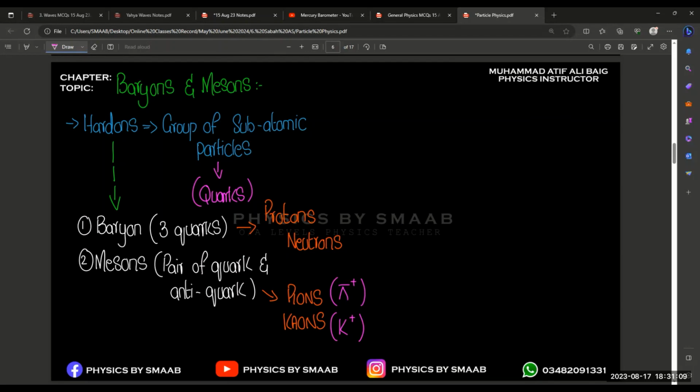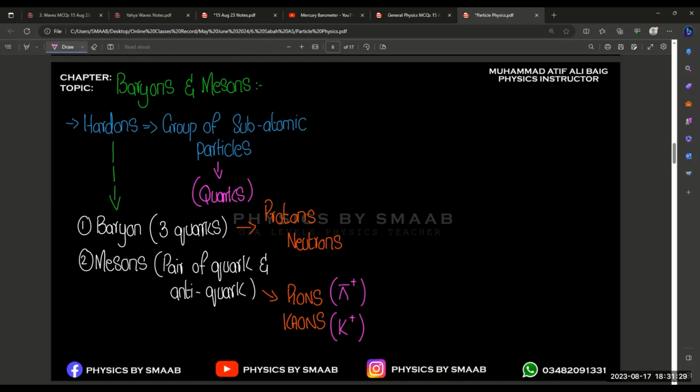Okay, so we discussed hadrons till now, right? But it is also possible that there will be a category of anti-hadrons, right? Because we know that there will be anti-proton and anti-neutron that we already discussed, so there will be anti-pions and anti-kaons also, right?